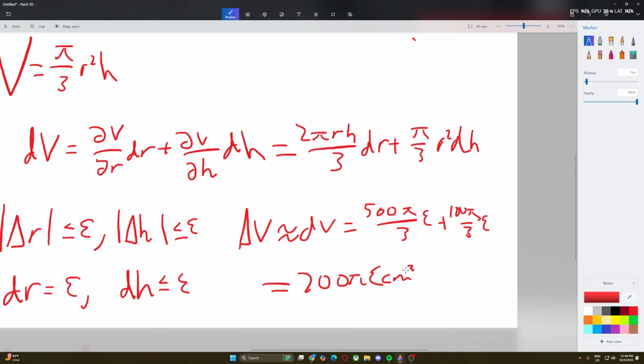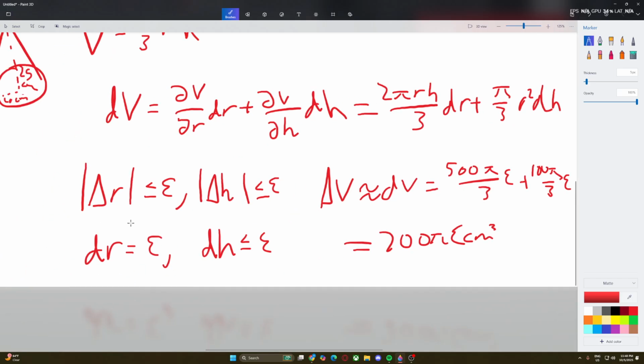Now, why do these dr? I have no clue. So the change in r is less than or equal to epsilon.